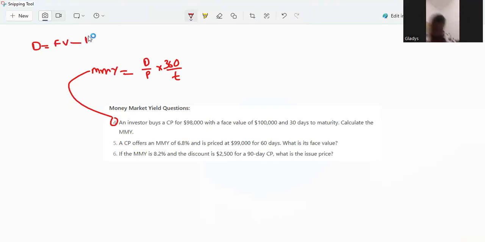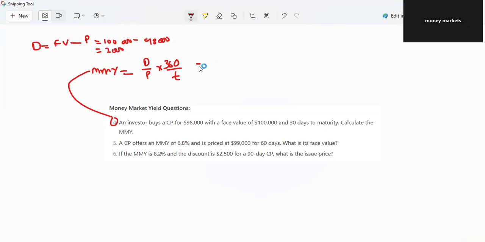So 100,000 minus 98,000 gives us 2,000. So you see where the 2,000 is coming from? It is a discount value.